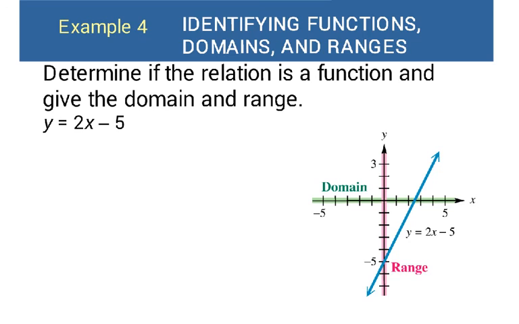Now, let's look at this. It says determine if the relation is a function and give the domain and range. Well, we've already looked at a linear graph and determined that it was all real numbers for the domain and all real numbers for the range. So there we go. Kind of already done this one. Sorry for the redundancy here.